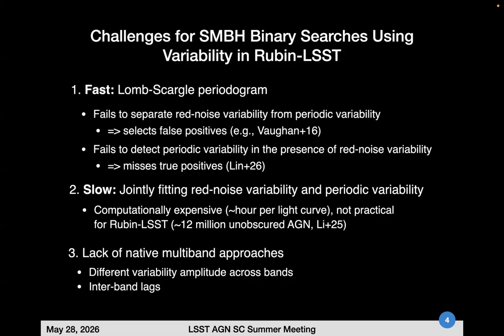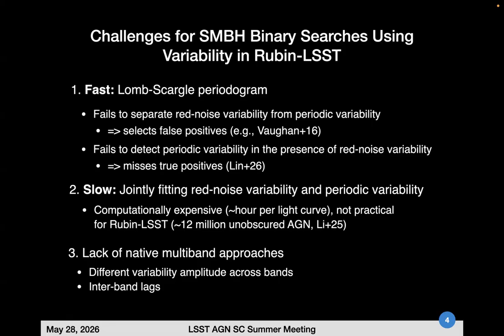So the quasar intrinsic variability will give you a high false positive rate, and you see a lot of false positives. More recent work from Vaughan et al. 2016 also shows that Lomb-Scargle fails to select true positives, which in my opinion is an even bigger issue than the high false positive rate.